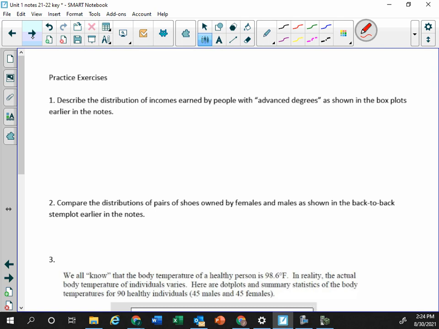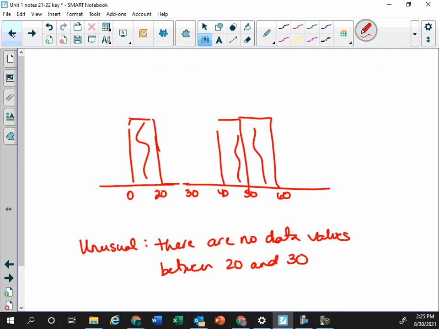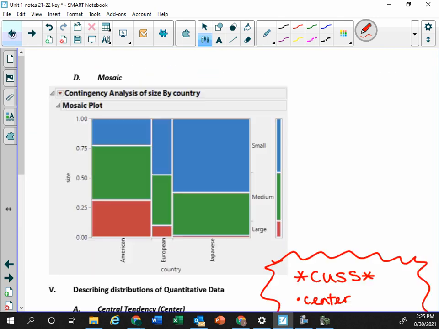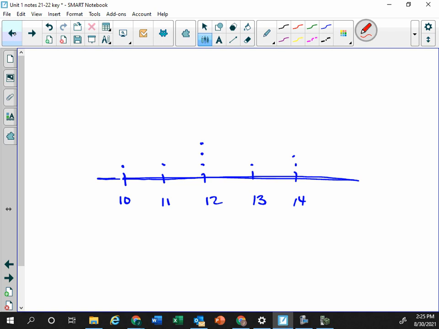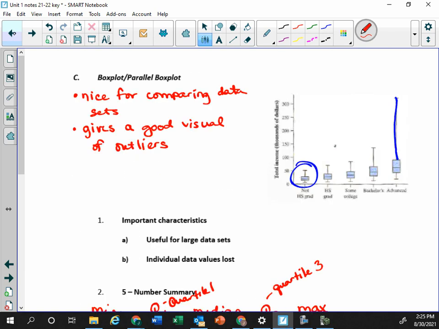Describe the distribution of incomes earned by people with advanced degrees from a box plot earlier in the notes. So first, let's go back and show you which box plot we're looking at. This one.